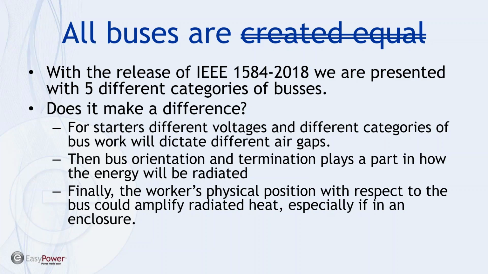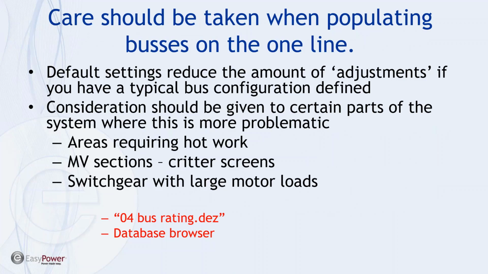Then the bus orientation and termination will play a part in how the energy is radiated. And finally, the worker's physical position with respect to the bus could amplify radiated heat in the case of an inadvertent arc flash.